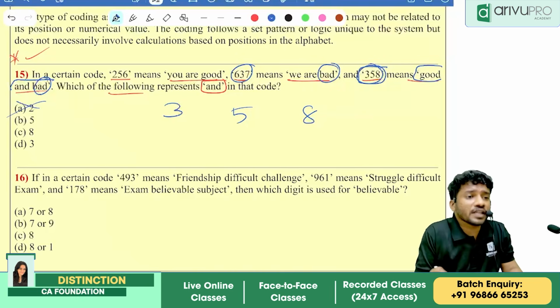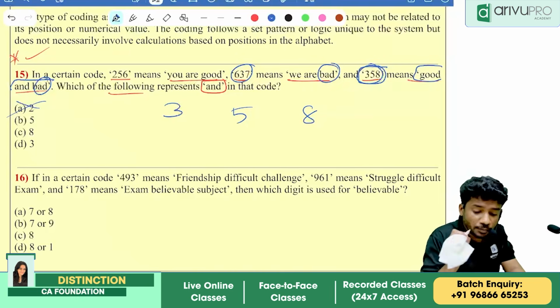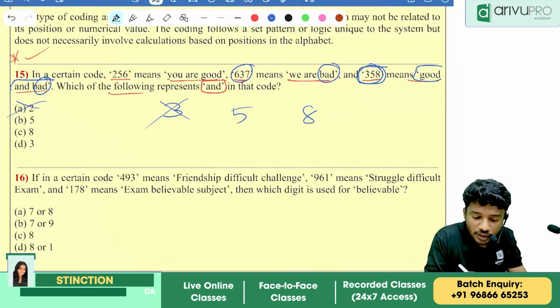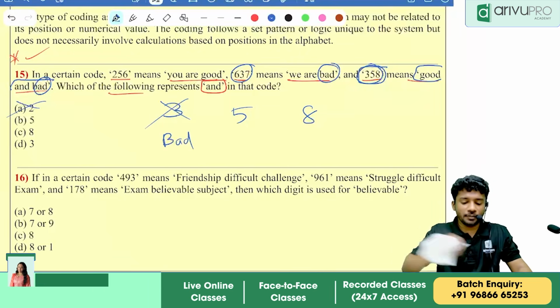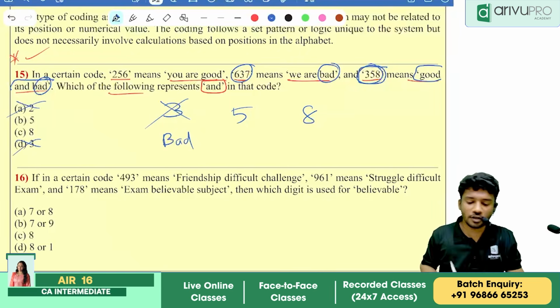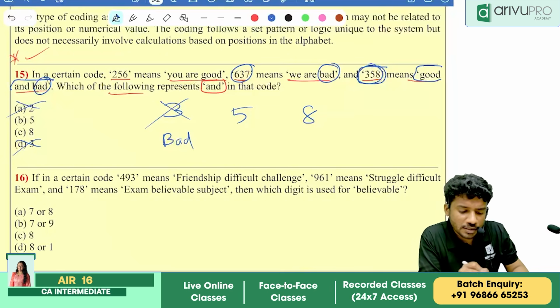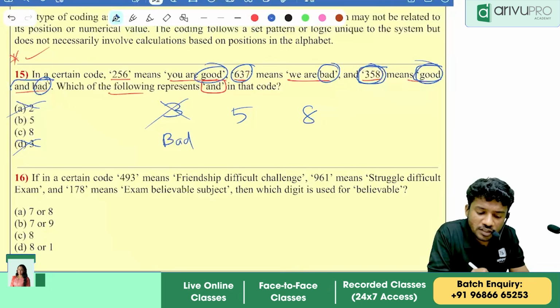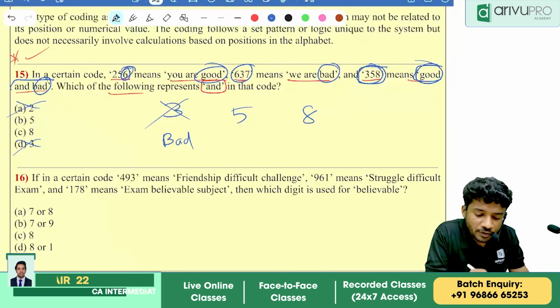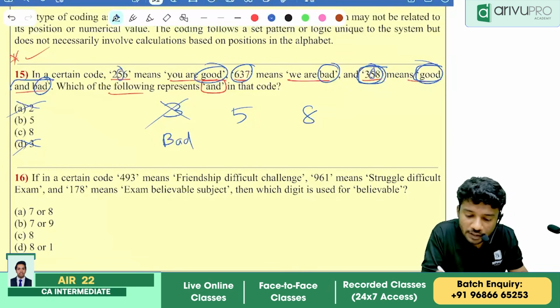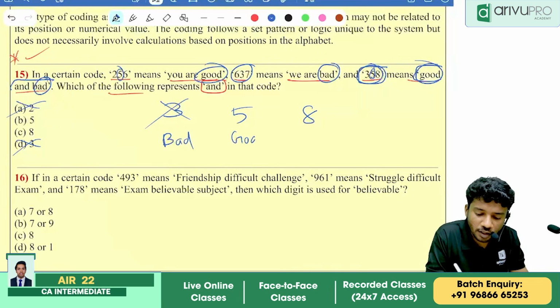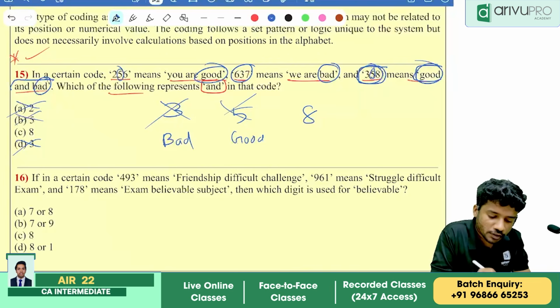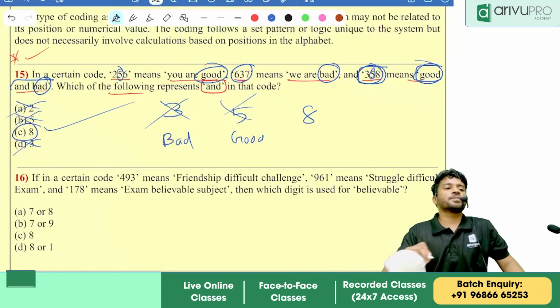What is the common digit between them? 3. So 3 means what? Bad. That means 3 is gone. Option D is gone. Then people, good is in you are good and good and bad. Which digit is common between them? 5 is common between them. That means 5 means what? The good. That means this option is also wrong. Answer is what? Option C.